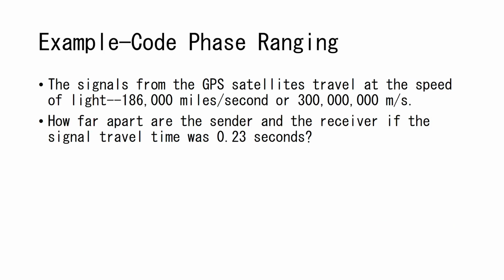So for example, if we're going to be calculating a code phase range distance, if we want to look at the distance between the receiver and satellite, and say our receiver calculates that the signals were offset by 0.23 seconds, we know that the speed of light is roughly 186,000 miles per second, or right at 300 million meters per second.